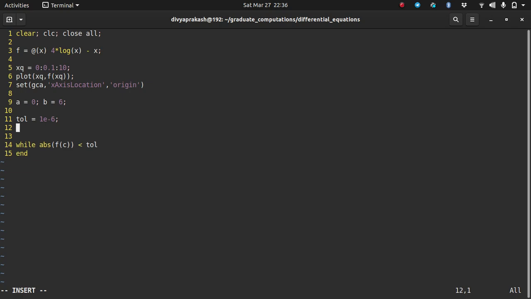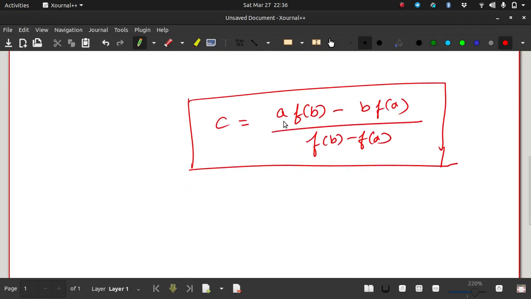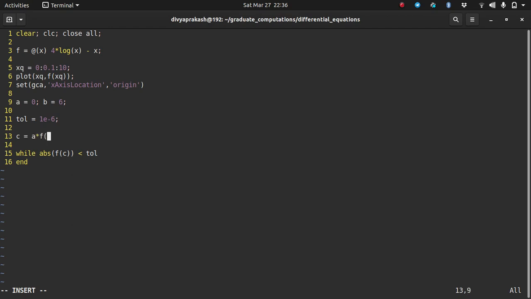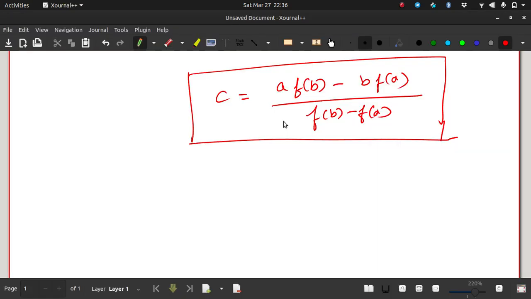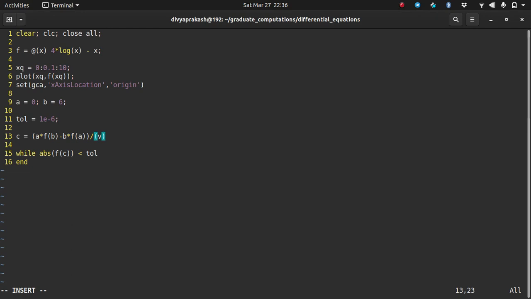How do I calculate c? The formula is here. It's a times f of b minus b times f of a, divided by f of b minus f of a.